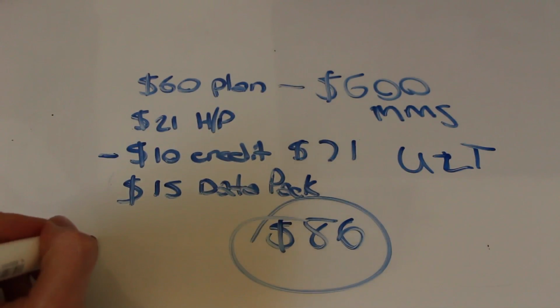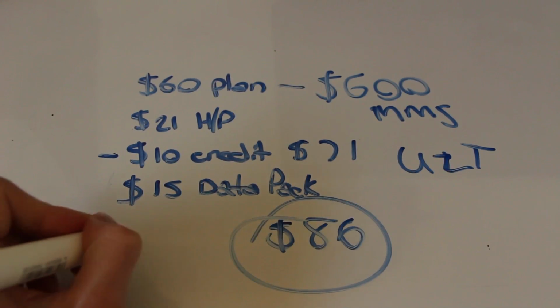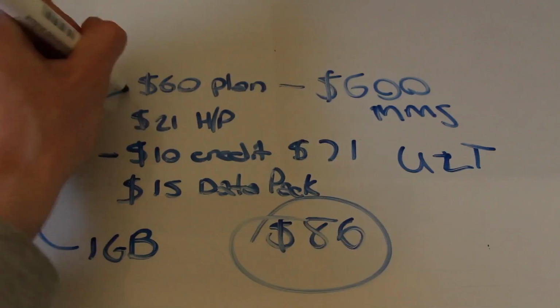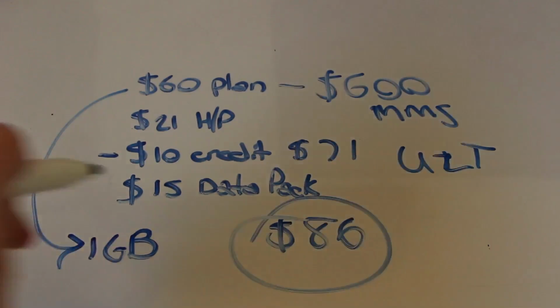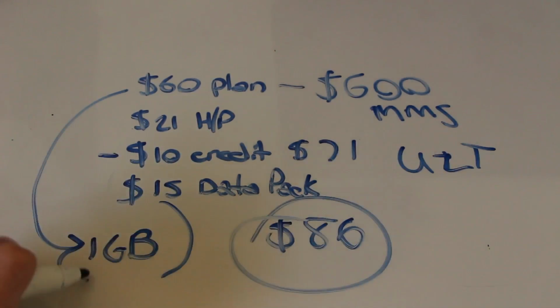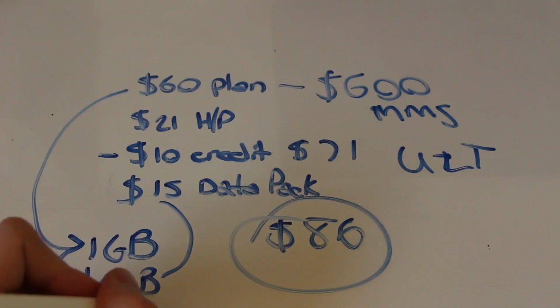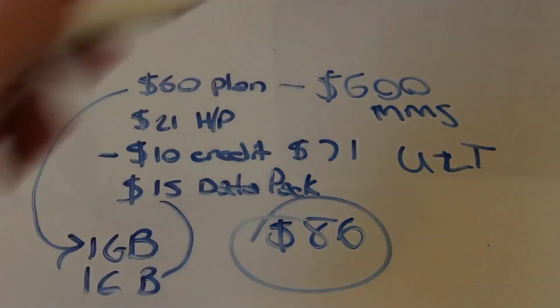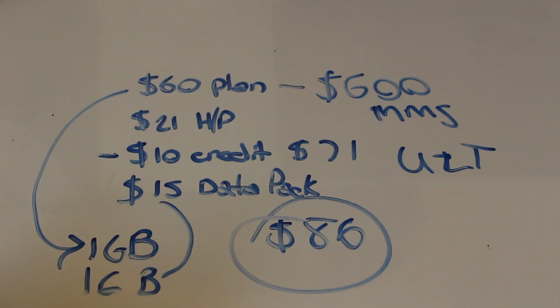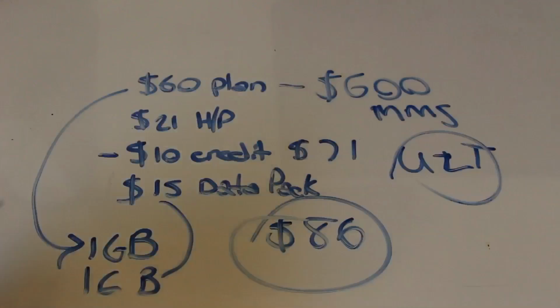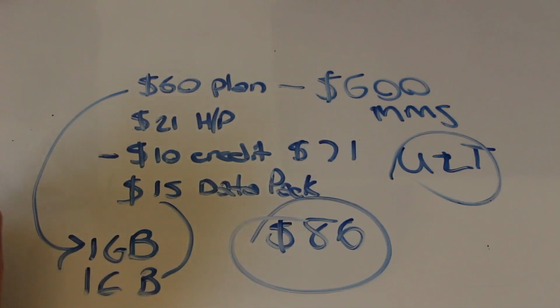I then have 1 gigabyte of data included in this plan. My $15 data pack adds another gigabyte. So all up, I have 2 gigs of data, $600 in calls and MMS, and unlimited texting, and I pay $86, if that makes sense.